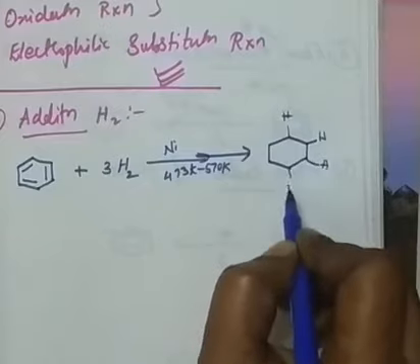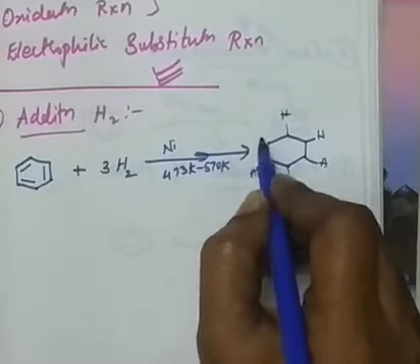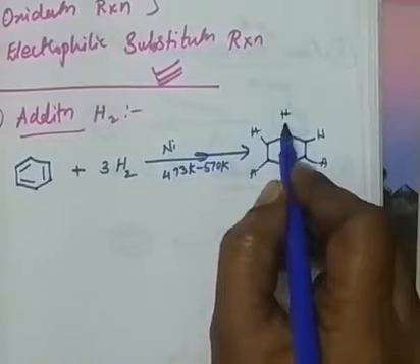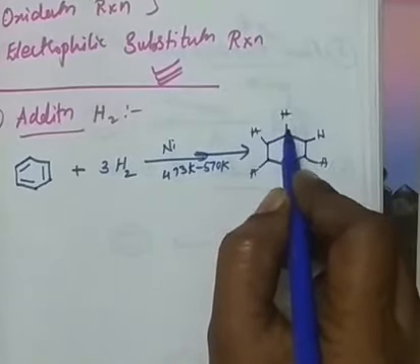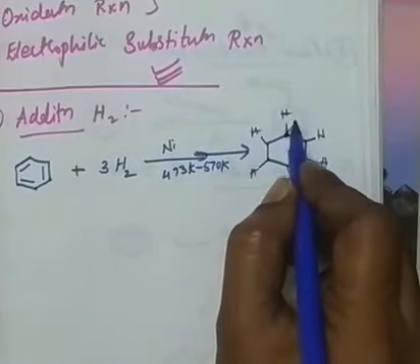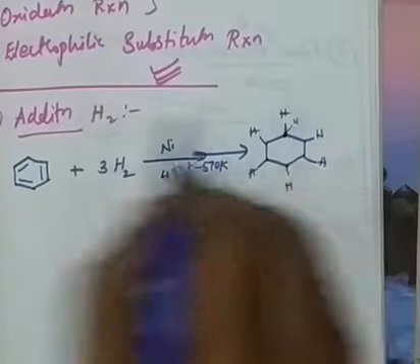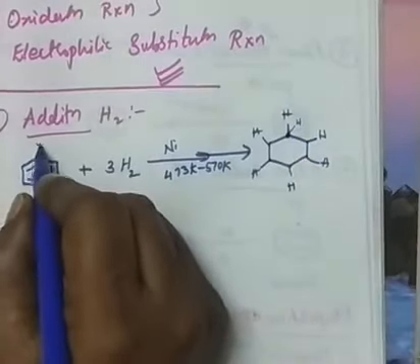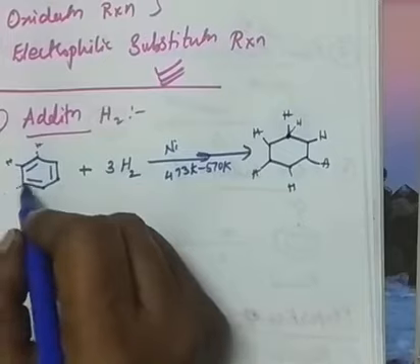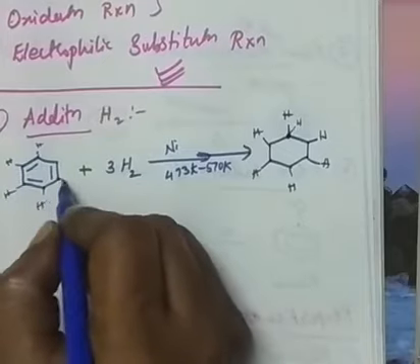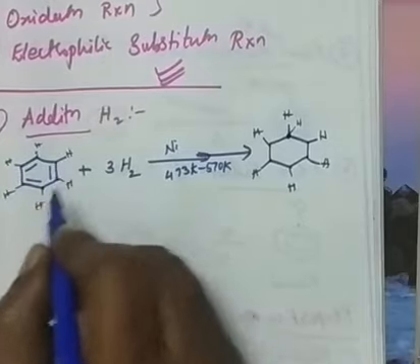That means each carbon is taking one hydrogen. See here, may I write like this? Though I am writing like this, does this carbon have only 1 hydrogen? No, it has 2 hydrogens. Actually it has 1 more, but that is already present, because when I write benzene each carbon already has 1 hydrogen.